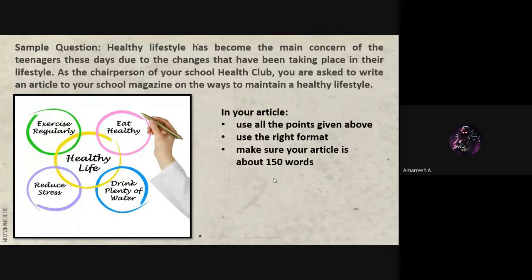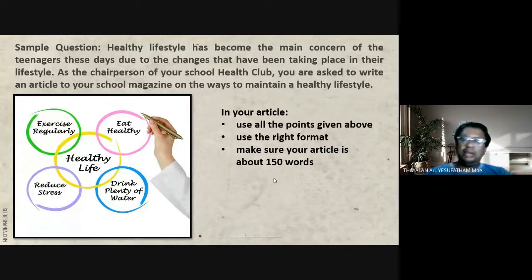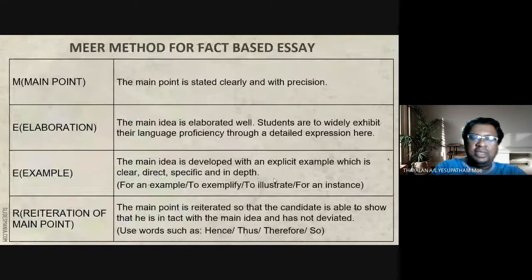You got to reduce stress, and finally, you have to drink plenty of water. Great, great. The way you have introduced the points is exactly how you write your main point here, whereby the main point is stated clearly, and then you elaborate and then you move on to the example, and finally you stress the main point again.